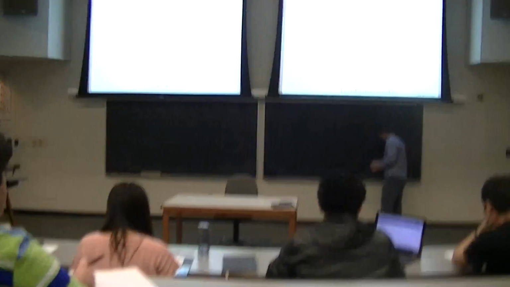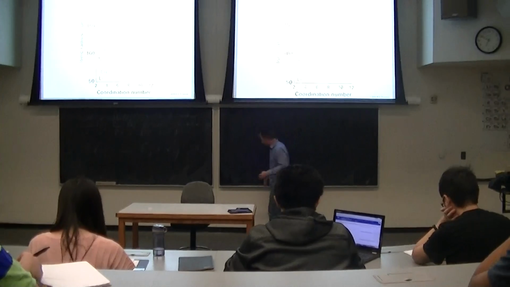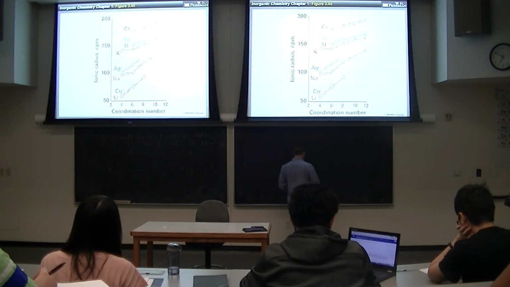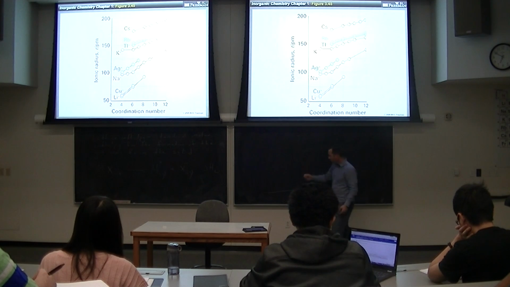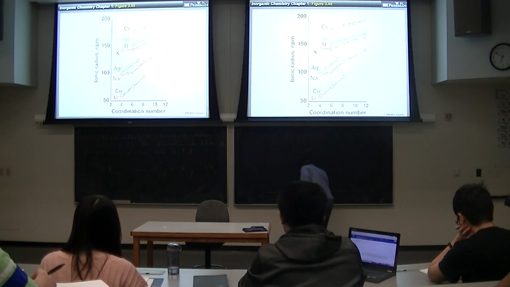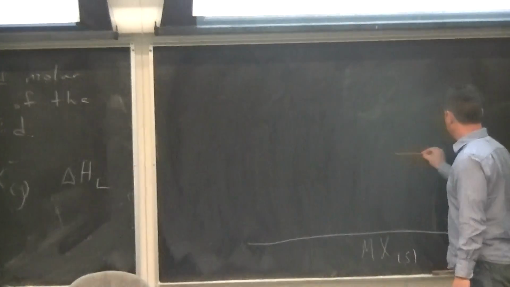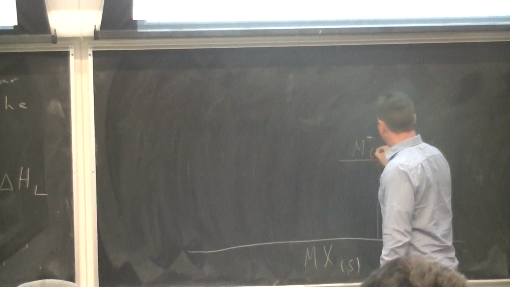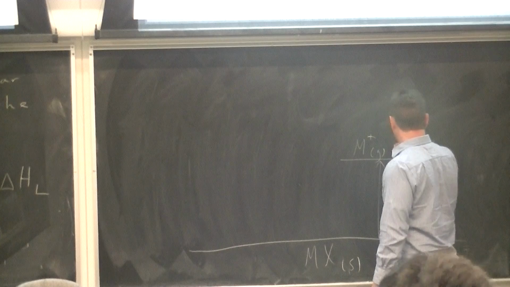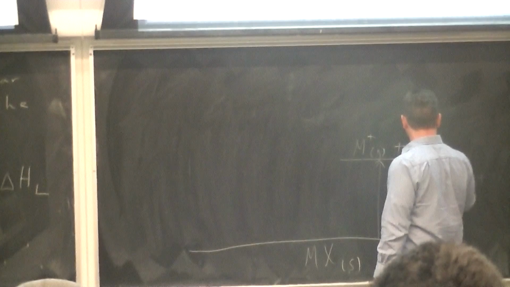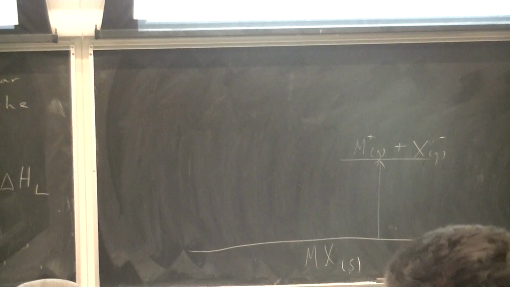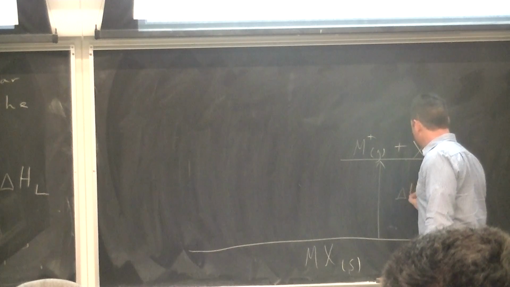You actually have to perform a thermodynamic cycle. So let's say that your product, your lattice, is MX. Your lattice enthalpy will be the enthalpy that you need to produce M n+ that will be the lattice enthalpy.